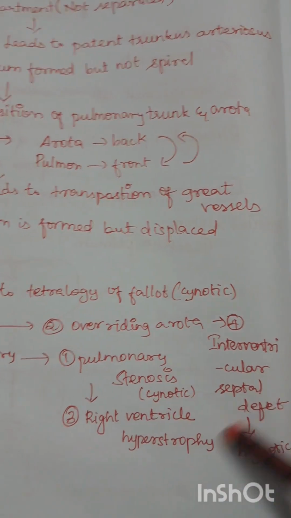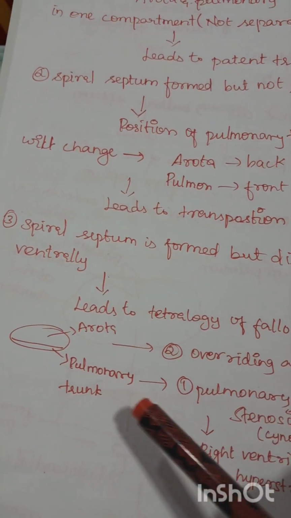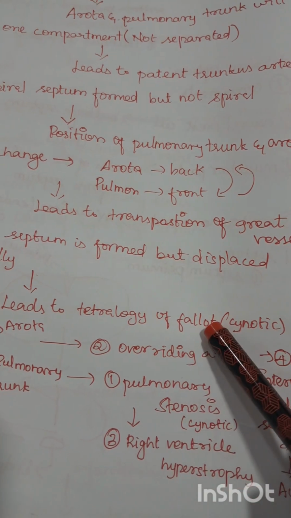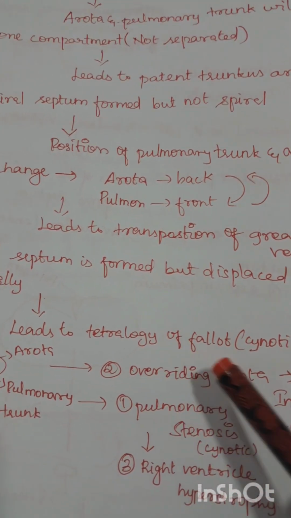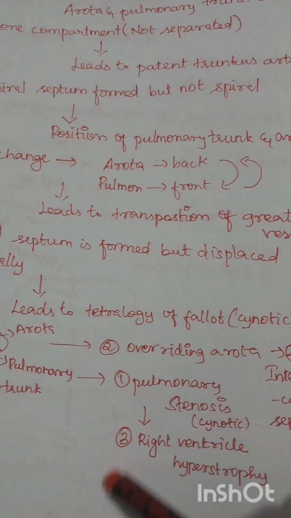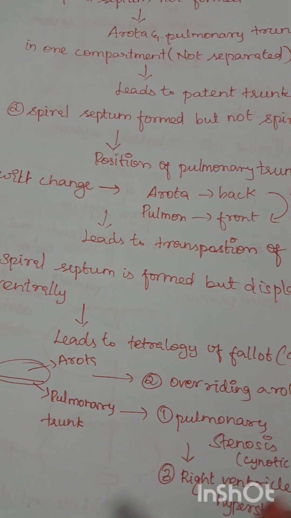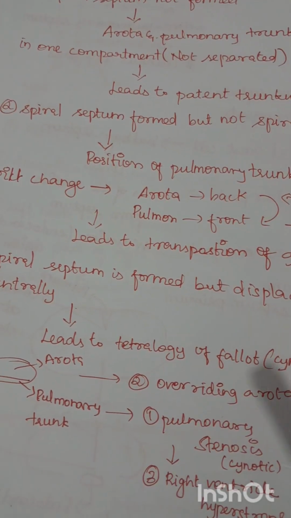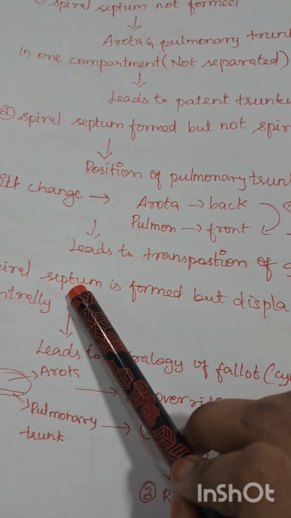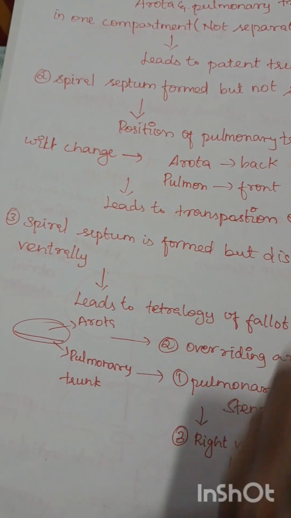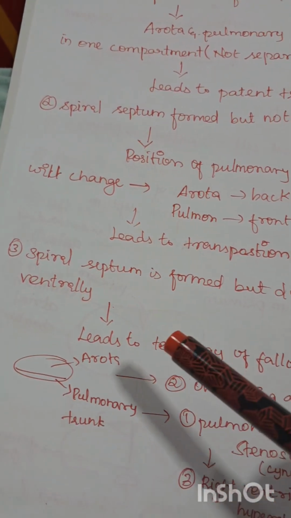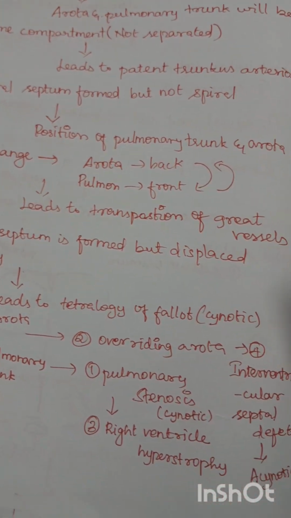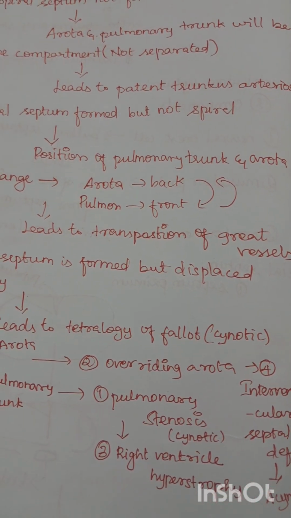All these four together are referred to as tetralogy of Fallot. These four defects are due to the spiral septum being formed ventrally, more to the front in the truncus arteriosus. So these are the congenital heart diseases.